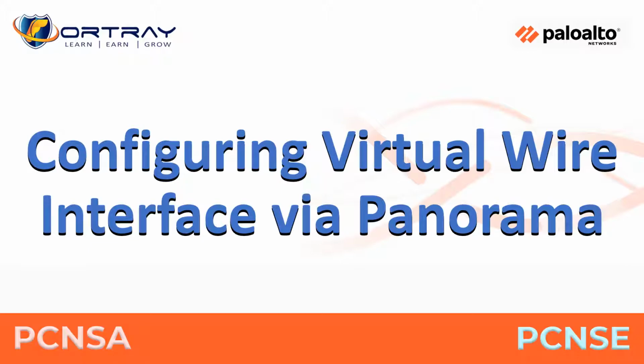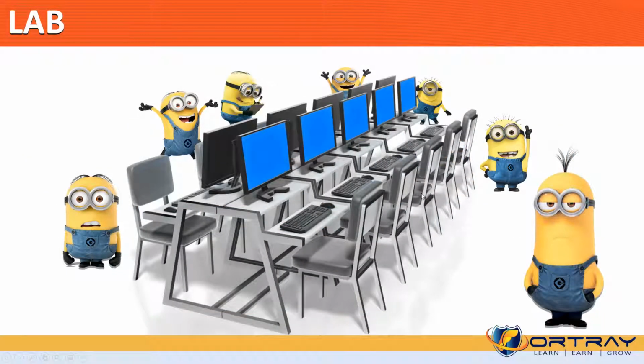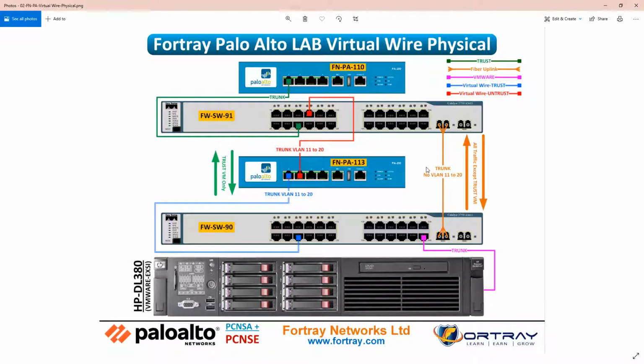Now, what are the steps actually? From the lab point of view, I'm just going to show you how we can configure. But before we configure, we need to understand how the virtual wire is set up in our firewall devices.